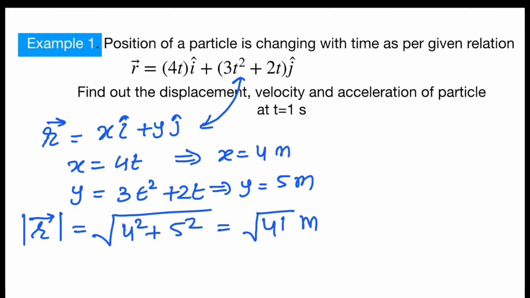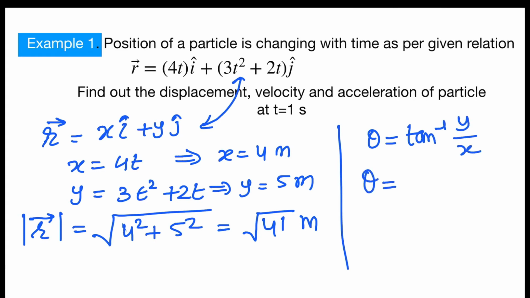Since displacement is a vector quantity, we need to find out the direction as well. So the direction of the displacement is given by theta, which is tan inverse y upon x, and here theta is the angle between the displacement vector and the x-axis. So this is equal to tan inverse 5 by 4. This way we can find out the position or the displacement of the particle after 1 second of travel.